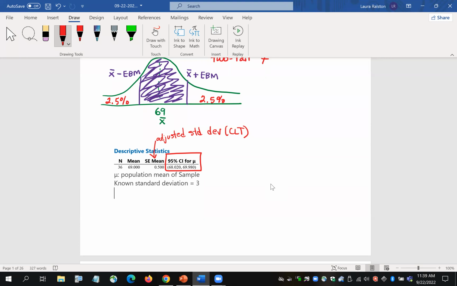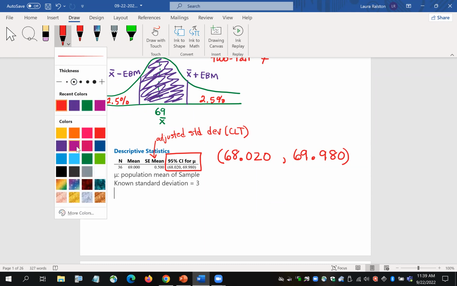Okay, so my 95% confidence interval for the mean, and it does tell me my known standard deviation. So I have two numbers. I have 68.020 and 69.980.